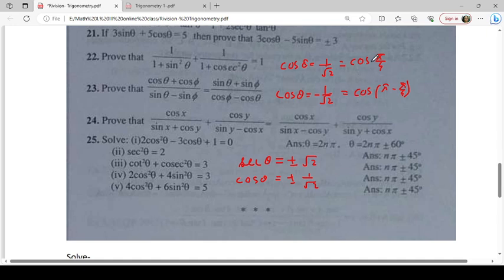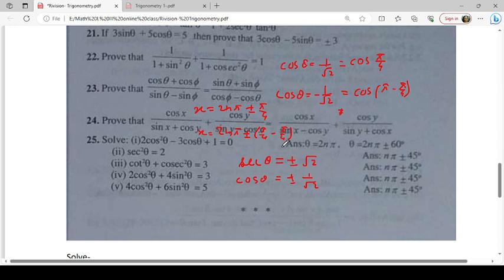So for this it is twice n pi plus minus pi by 4, and for this twice n pi plus minus (pi minus pi by 4). So the general value is x equal to twice n pi plus minus pi by 4, and for the other, x is equal to twice n pi plus minus (pi minus pi by 4).